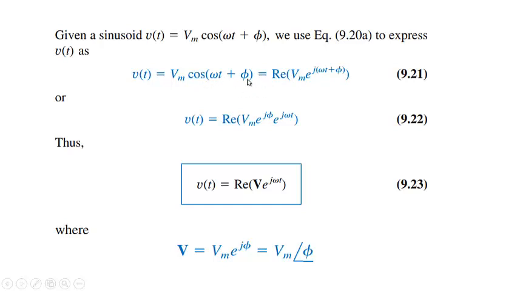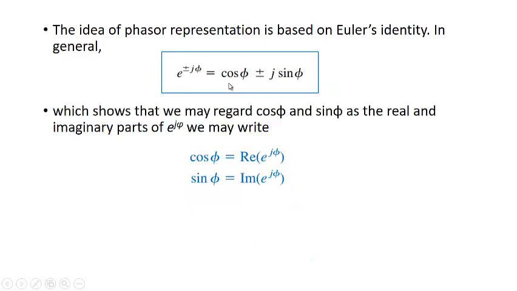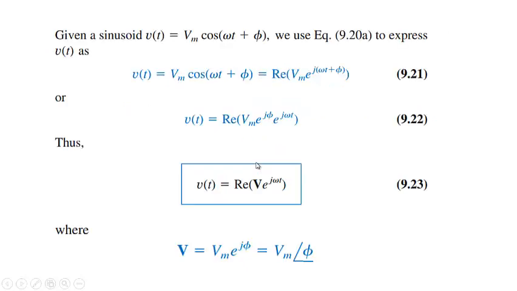Here we have the whole angle as omega t plus phi, while in the previous case we had only the angle phi. So v(t) is the real part of Vm e raised to the power j phi times e raised to the power j omega t. Actually, this is e raised to the power j omega t plus j phi.